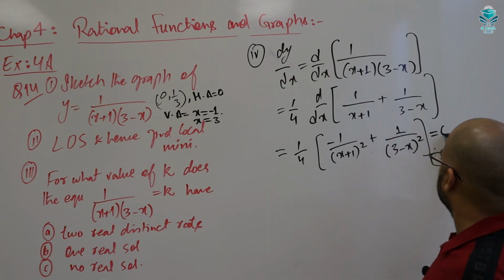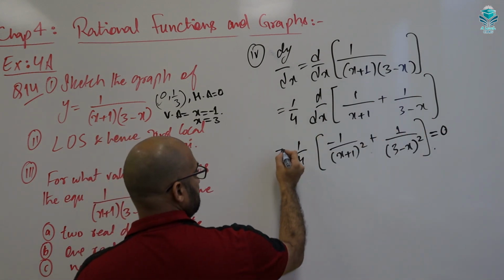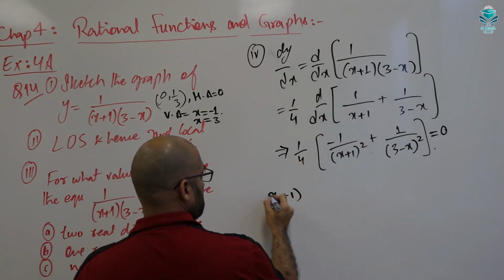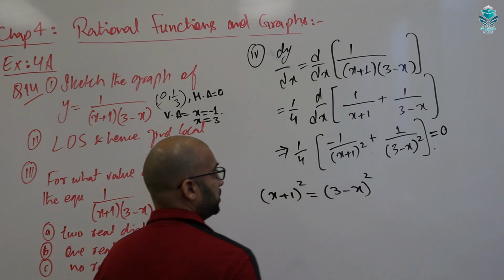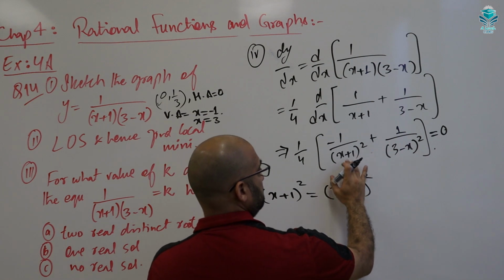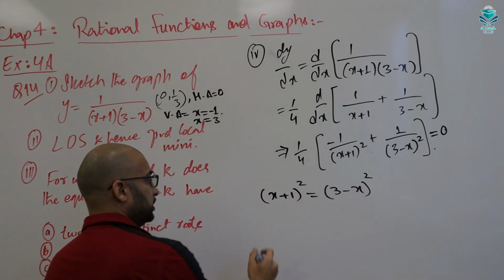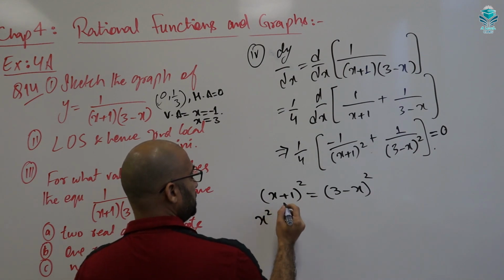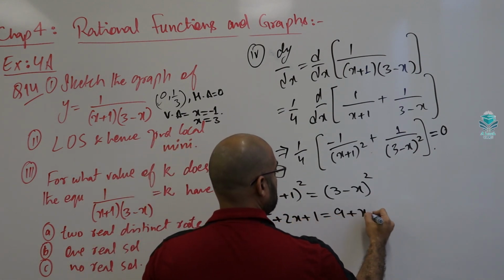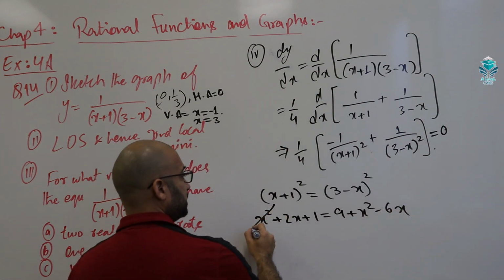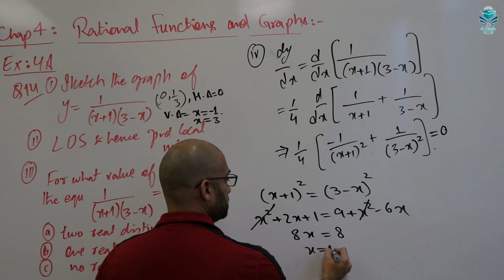When you set it equal to 0 to find the stationary point, you get (x plus 1) squared equal to (3 minus x) squared, because this term is equal to this one, take cross multiply. You will get this. Opening by evaluating the complete squares, what you will get: 8x is 8, x is 1.